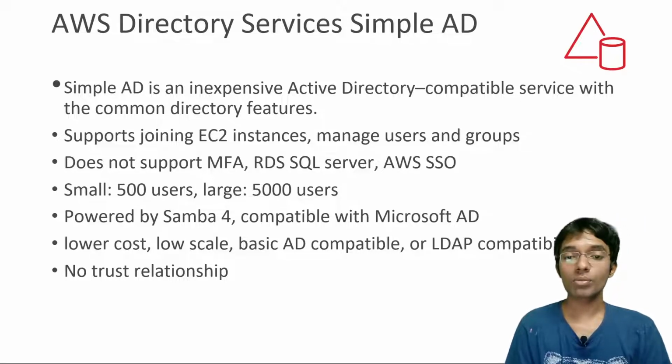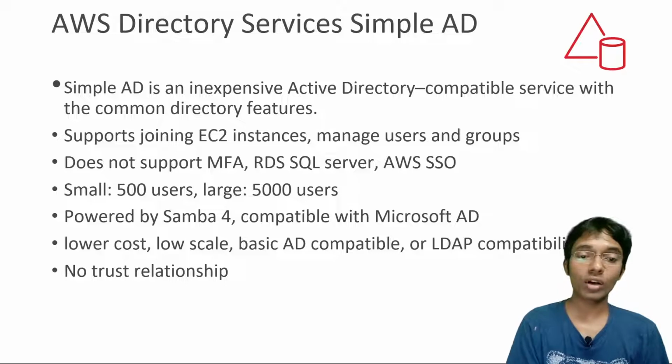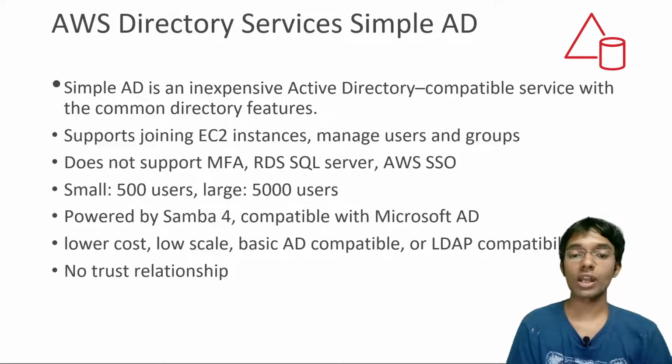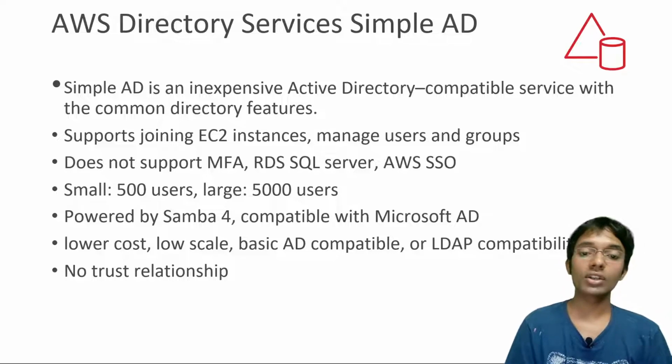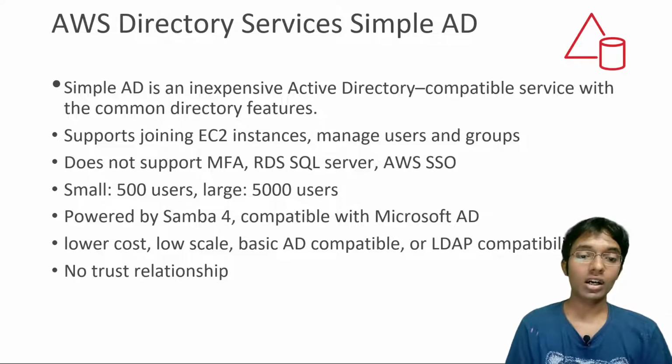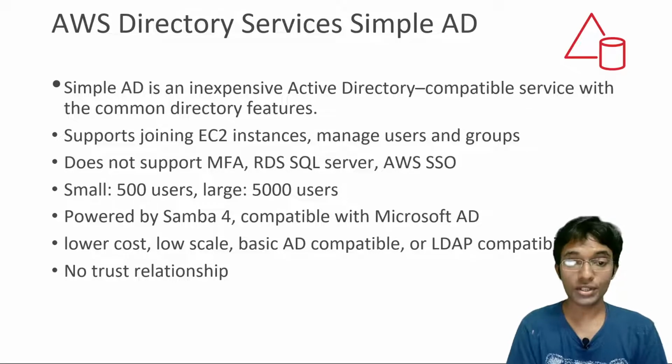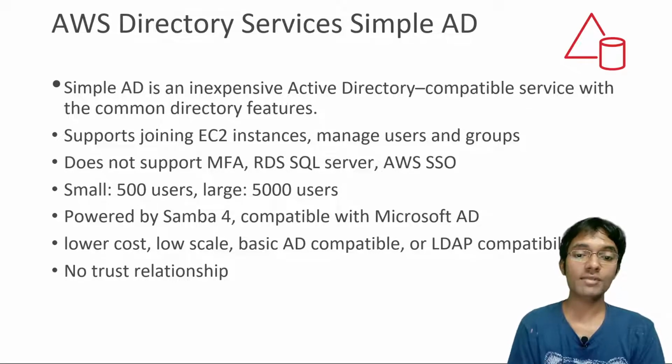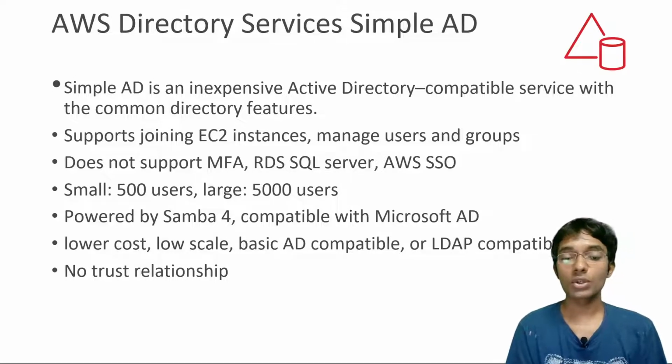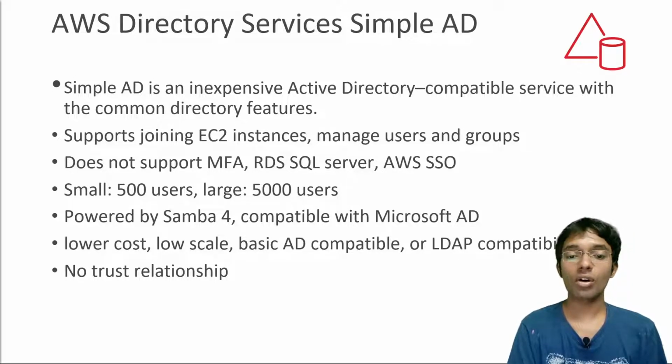It will not support SSO, single sign-on, and it's only for a small number of users, like 500 users up to maybe 5,000 users, depending on the tier you want to use. It's powered by Samba 4 and it's compatible with Microsoft AD in terms of the API, but it's lower cost and lower scale. It only has basic AD capability or LDAP compatibility, and you cannot set up a trust with on-premise Microsoft AD. So that's it.